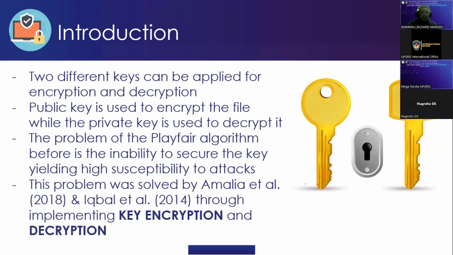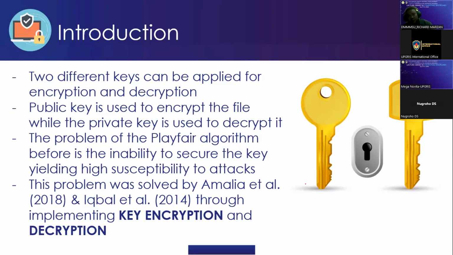For the background of the Playfair cipher, the problem is key security, because if the key is not secured when it is transmitted, they can get the key and read the message transmitted to the other receiver.